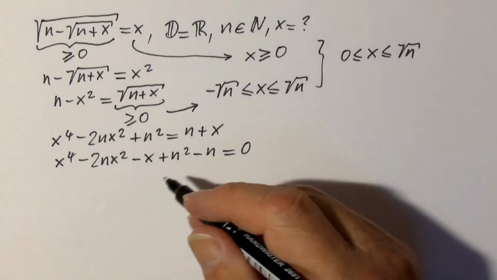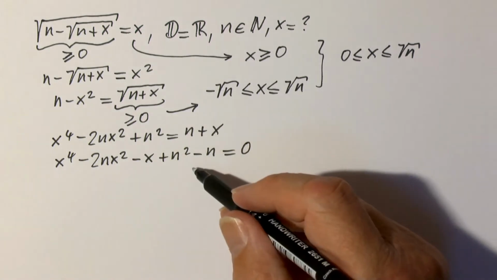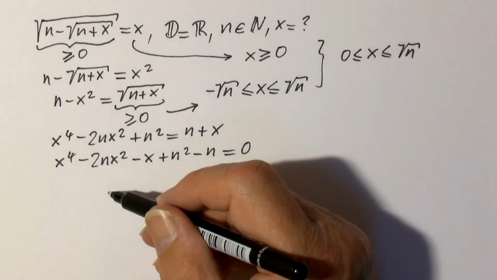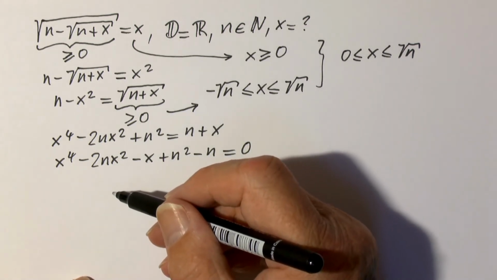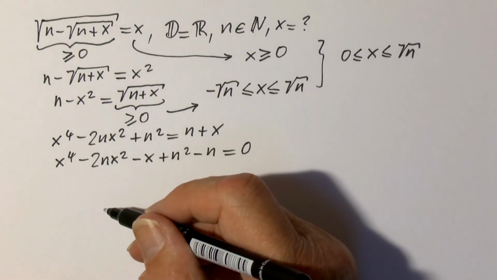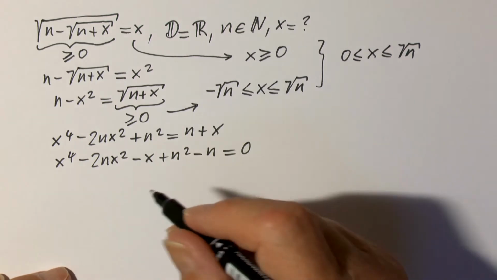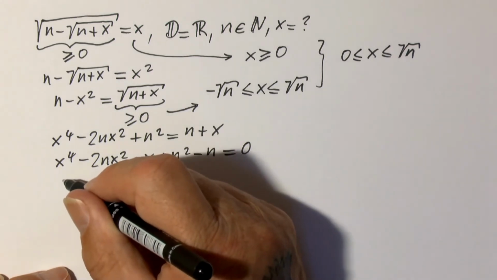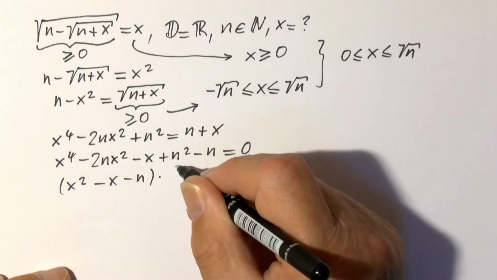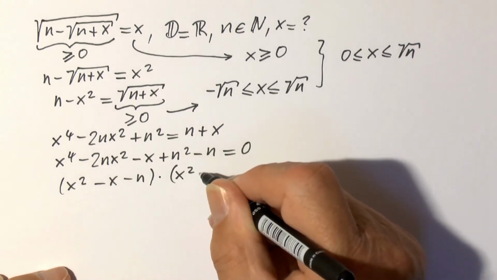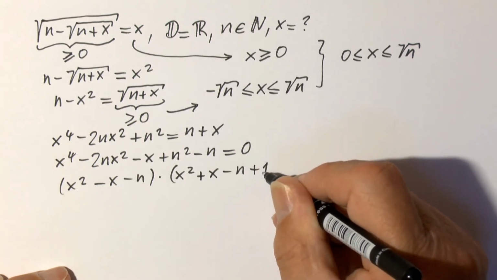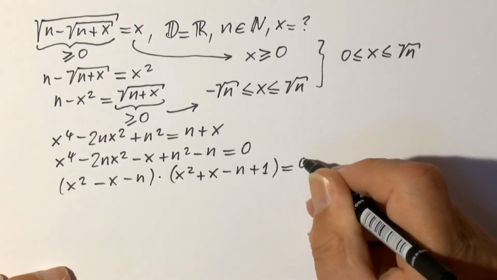Now it can be shown that this term on the left-hand side can be represented by a product of two quadratic terms as follows: x squared minus x, and then x squared plus x minus n plus 1 equals 0.